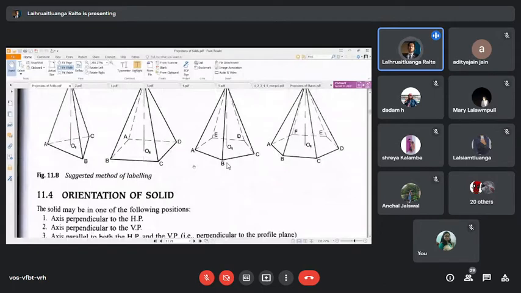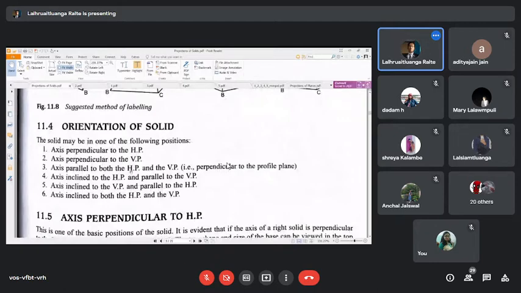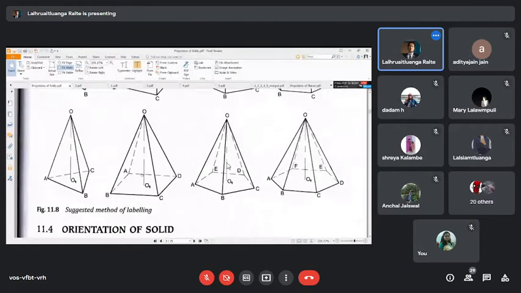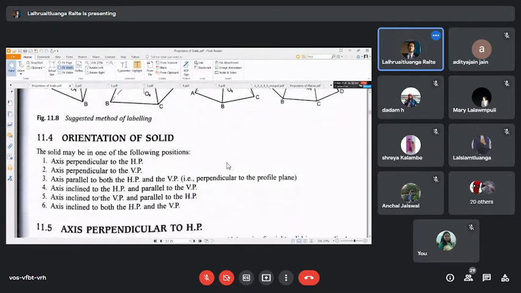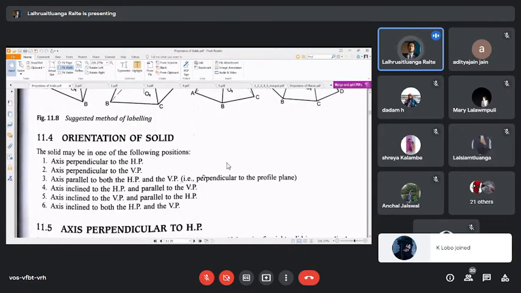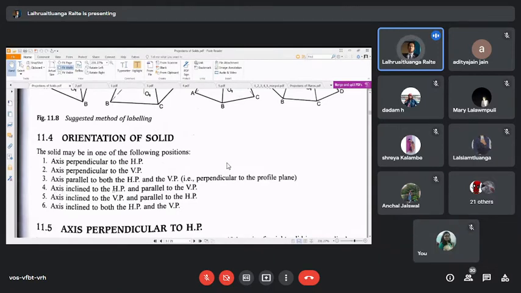So in our projections, we are going to have different solids: where the axis is perpendicular to the HP, where the axis is also perpendicular to the VP, and where the axis is parallel to both the HP and the VP, that is, perpendicular to the profile plane. Then axis inclined to the HP and parallel to the VP, and axis inclined to the VP and parallel to the HP.